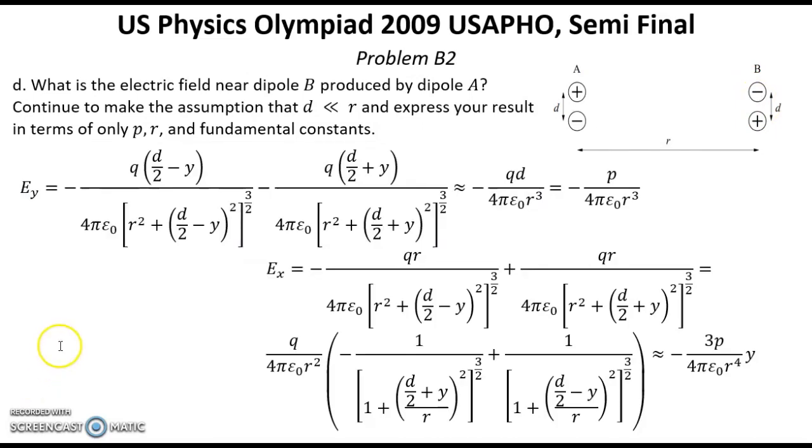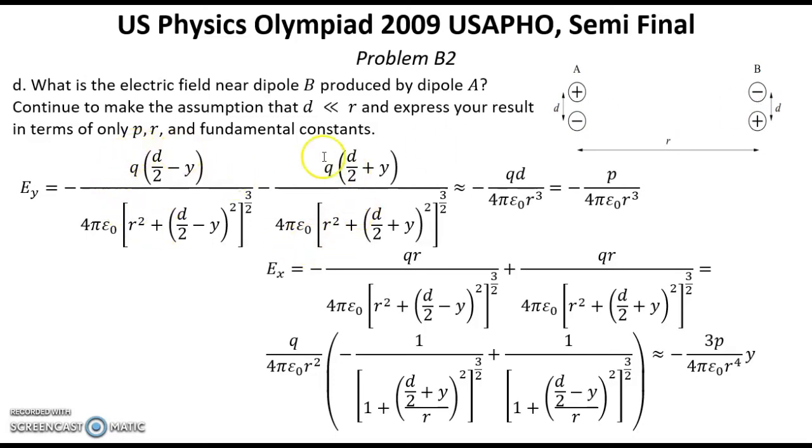Now we can write exact expression for electric field in y direction and in x direction for points which are distance r from dipole and displacement y from middle point in y direction.